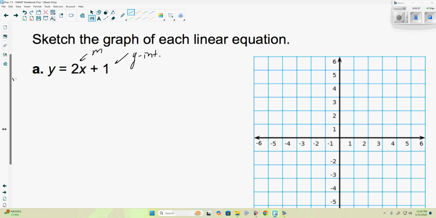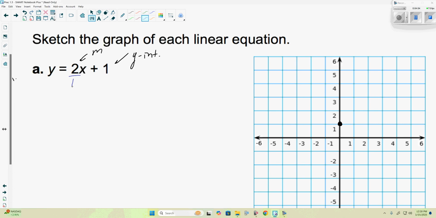They tell us the y-intercept is positive 1, so it's going to cross the y-axis at 1. Now the slope is 2. It's not specifically written as 2 over 1, but the rise, how far it goes up and down, is 2, and the amount it goes left and right is 1.